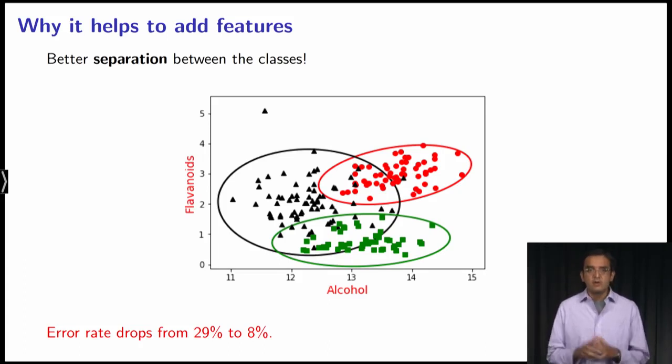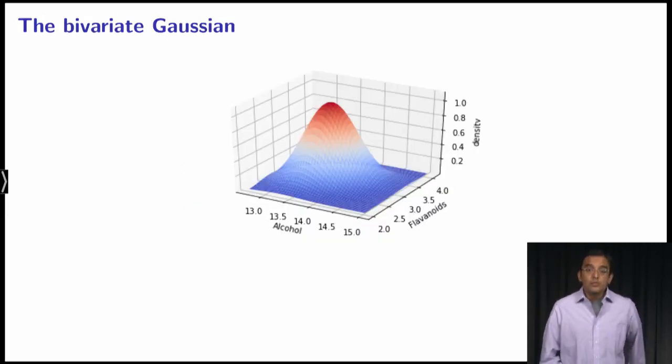So let's hone in on one of them. Let's just look at the red one, which is from winery number 1. Let's just look at those specific points. When we fit a Gaussian distribution to those 43 training points, this is the distribution we get. So what is this thing?